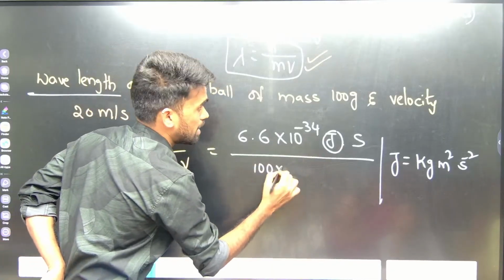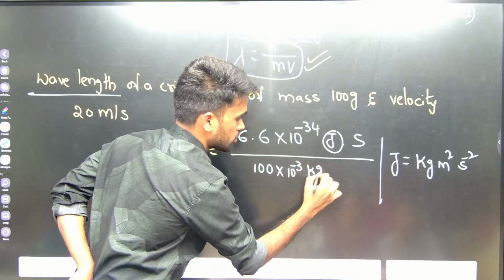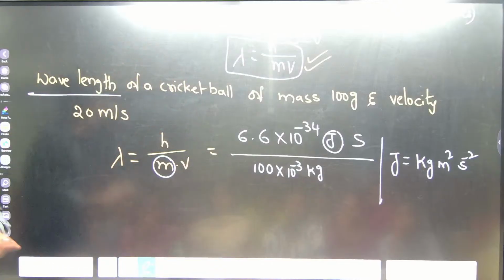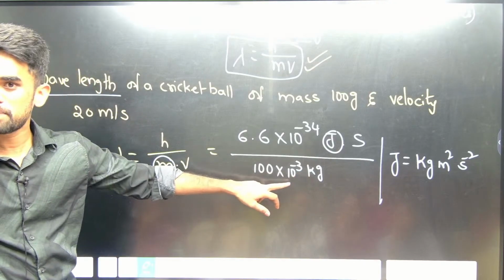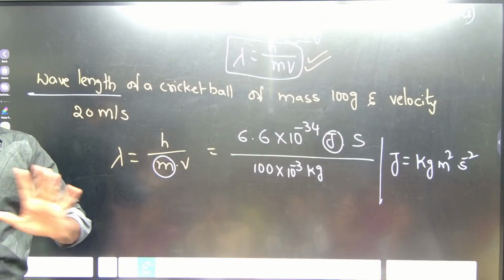So I can put 10 power minus 3 kg. Kilo means thousand, so I should divide by 1000 so that it will be in kg.